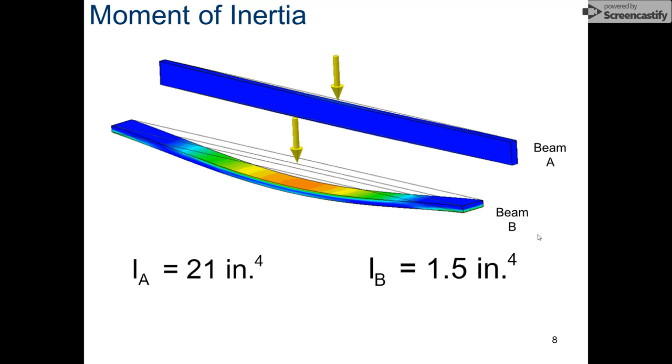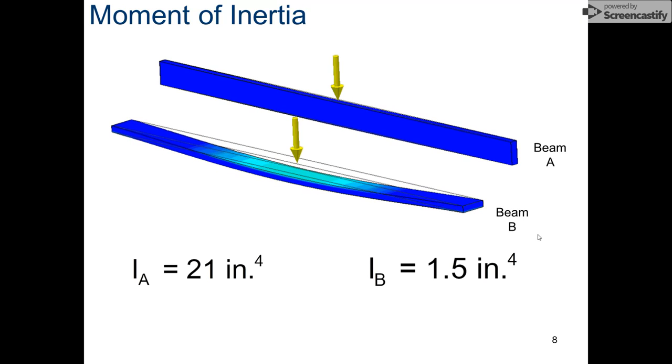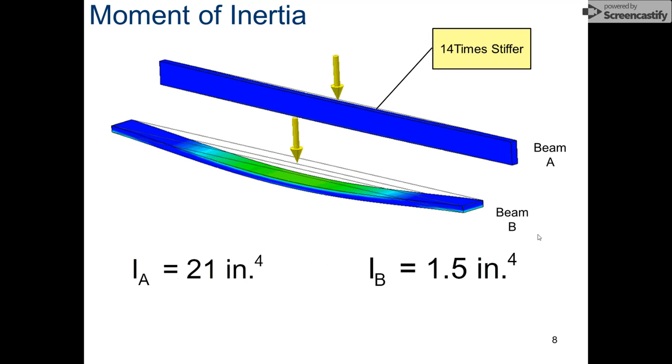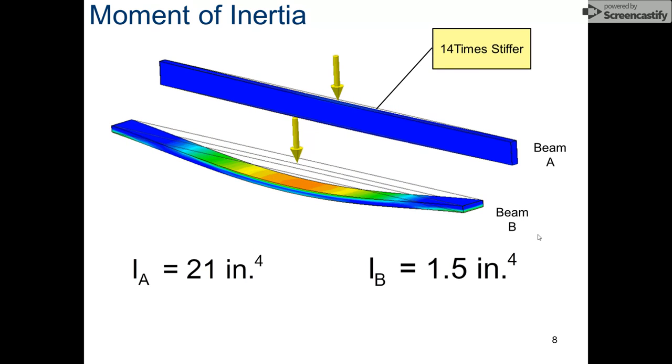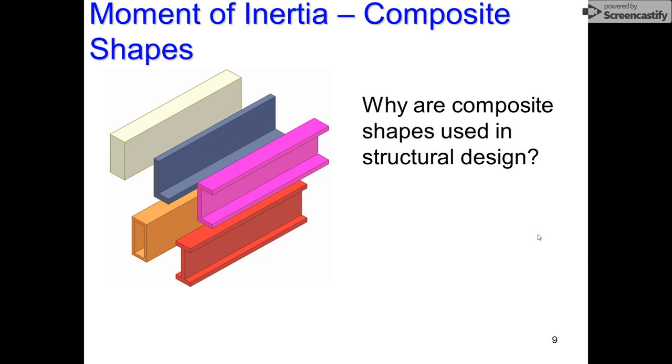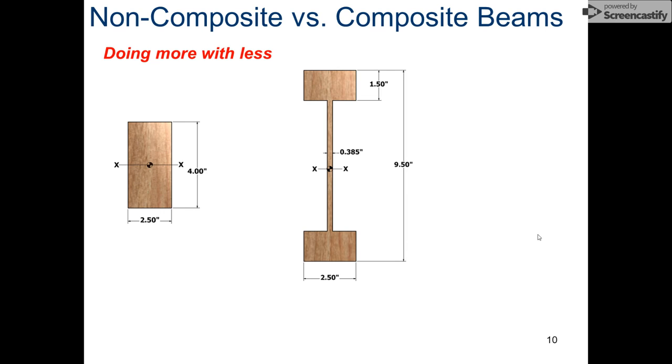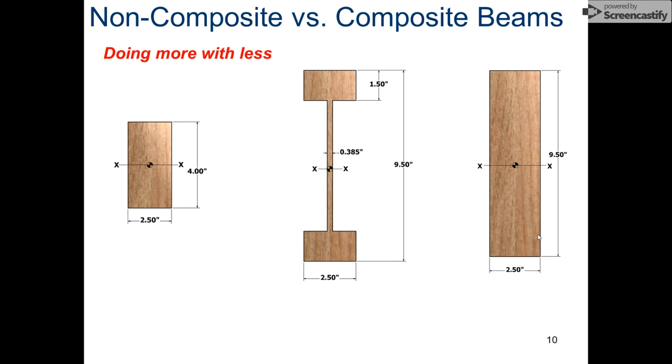You see 21 inches to the fourth versus 1.5 inches to the fourth for beam B. It's 14 times stiffer, actually. And the reason why we use these composite beams is we can do more with less. As you can see, we have just a rectangular shape, two rectangular shaped beams and an I-beam.